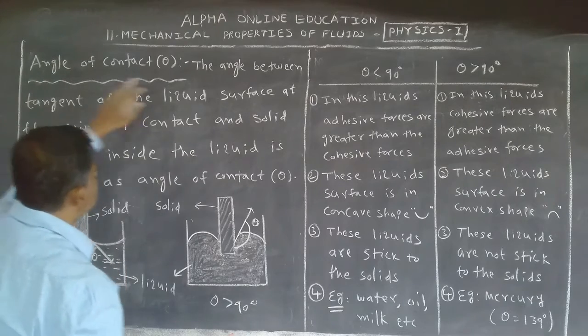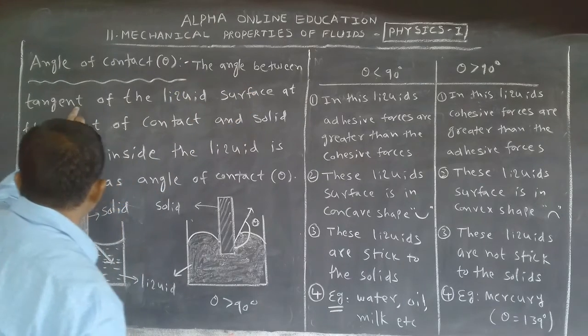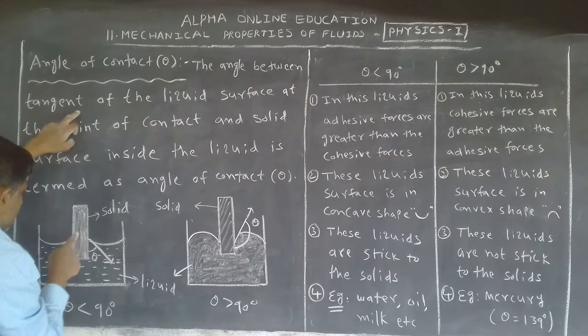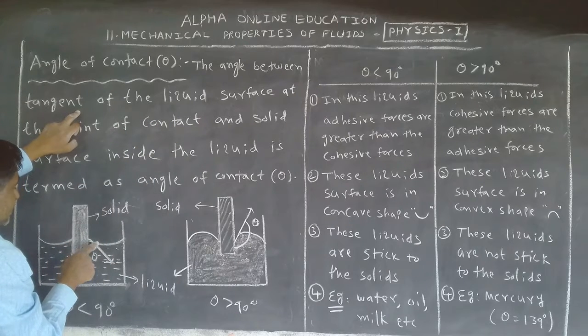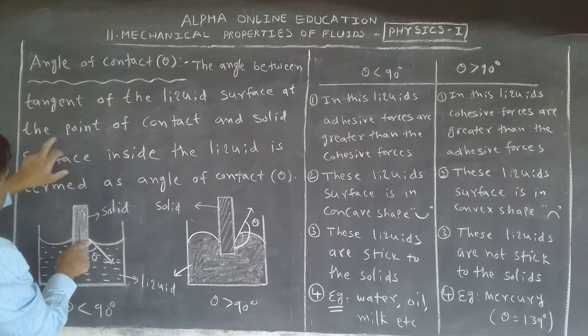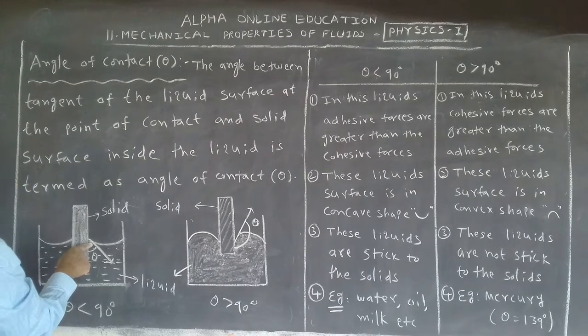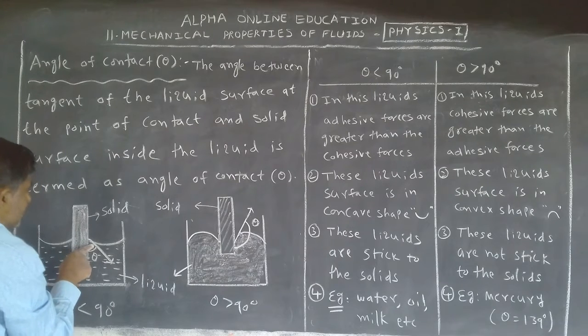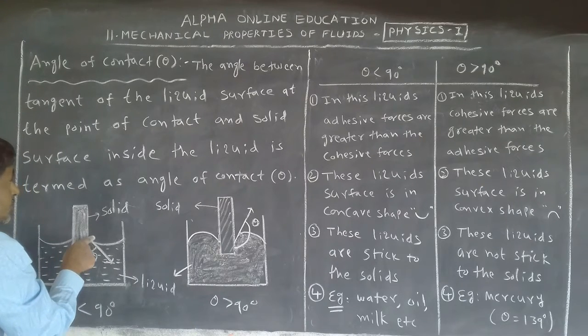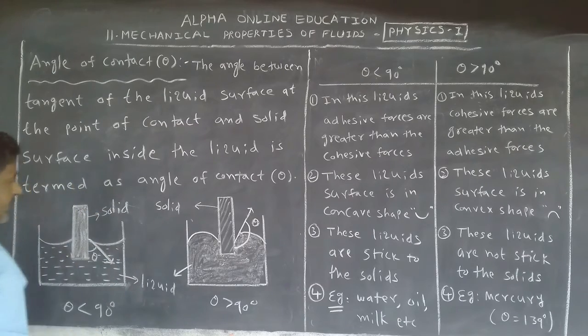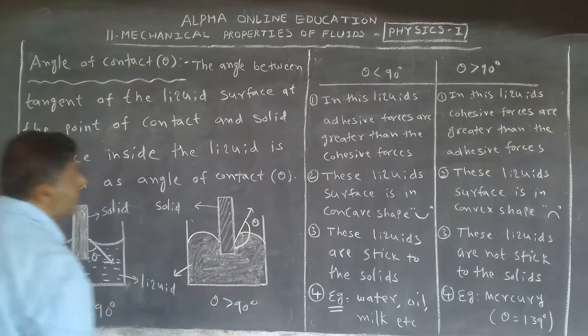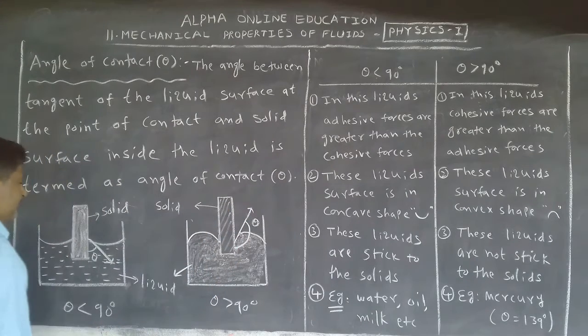Now the angle between the tangent of the liquid surface at the point of contact and solid surface, the contact place of liquid and solid surface inside the liquid, is termed as the angle of contact.